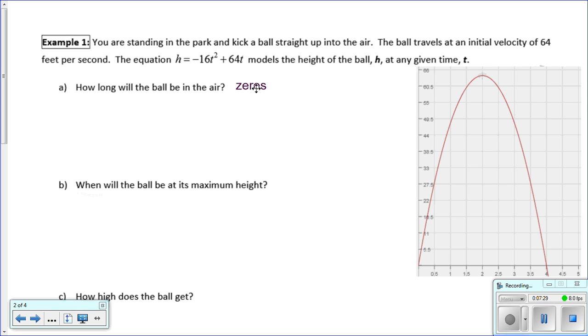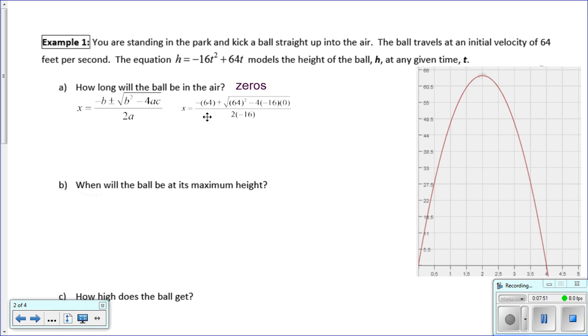Okay? So since there are only 2 terms, it's not really that great, but we can go ahead and put it into the quadratic formula. So we're going to fill in our a, b, and c, where a is negative 16, b is 64, and our c, which is non-existent here, is 0. So we go ahead and plug it in.